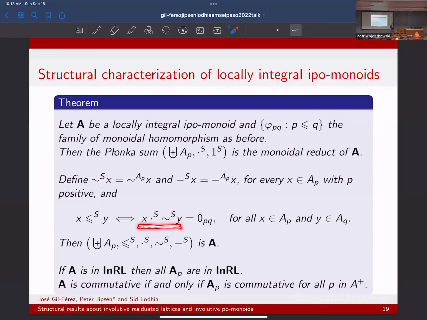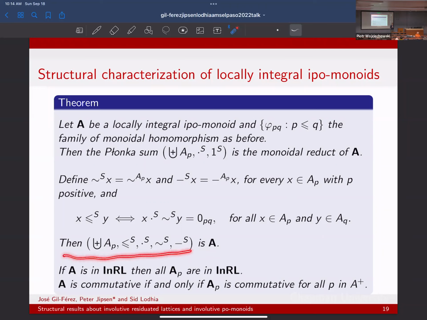Namely that x times the tilde of y in this new structure S, where both of these things have now been defined, should give you the 0 of, sorry, this should not be PQ, this should be just the 0 of Q, I guess. So excuse me, a couple of typos that we have to take care of, but I'll put the revised notes, slides out if you're interested.